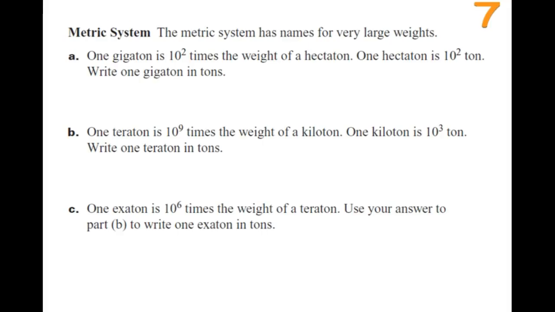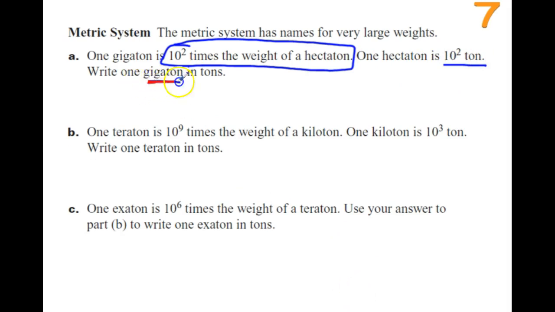Alright, a couple more. It says the metric system has names for very large weights. 1 gigaton is 10 to the 2nd power times the weight of a hectaton. 1 hectaton is 10 to the power of 2 tons. Write 1 gigaton in tons.